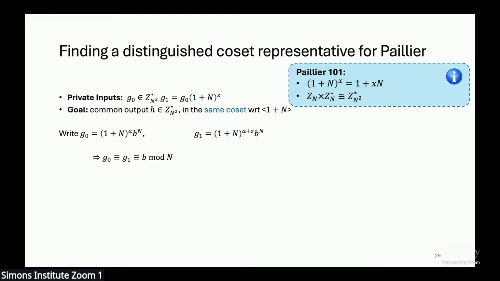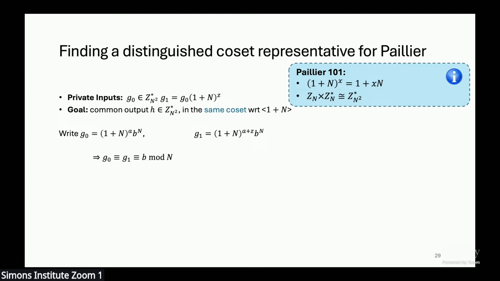So if we apply this isomorphism, we map each of Alice and Bob's inputs, G0, G1, into some product of elements, where on the left-hand side we have (1 plus n) to the power of some a, and on the right-hand side we have some element of the multiplicative subgroup, which is some value b raised to the power n.